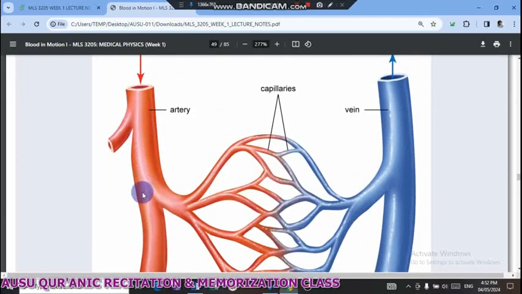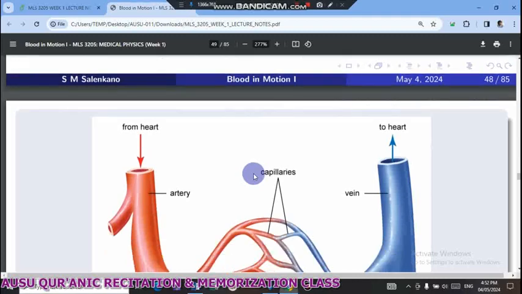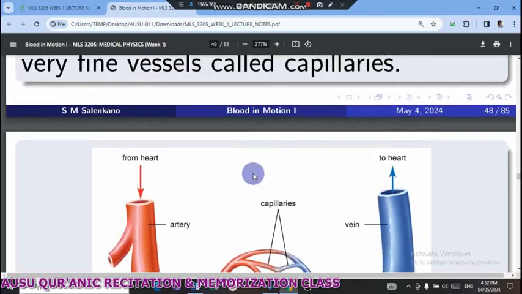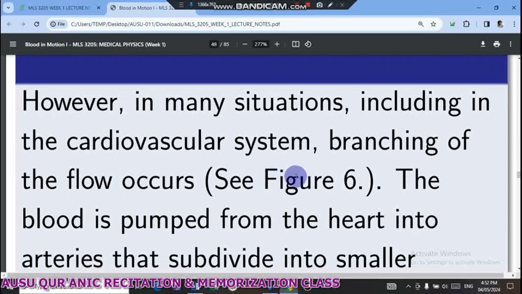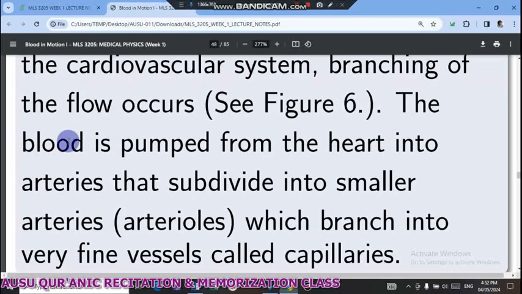We have this artery, and there is branching here, and then to arterioles, and from the arterioles, look at it, you have 1, 2, 3 branches, and if you take this branch, you see it's divided into 2 branches, and then this one too is further divided into 2, and on and on. So how do we solve this problem? In other words, how do we write the continuity equation in a way that it will take care of that situation, having more than one path?